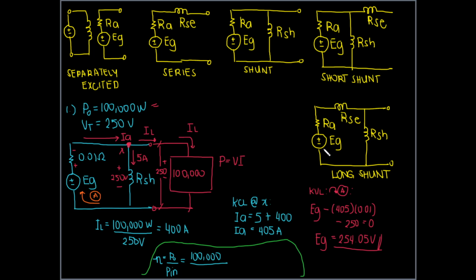Now, if we look at the totality of the system, the input to the generator must be a mechanical power because it's the one that is going to produce the necessary rotation. However, we do not have the means for solving the mechanical power input here.